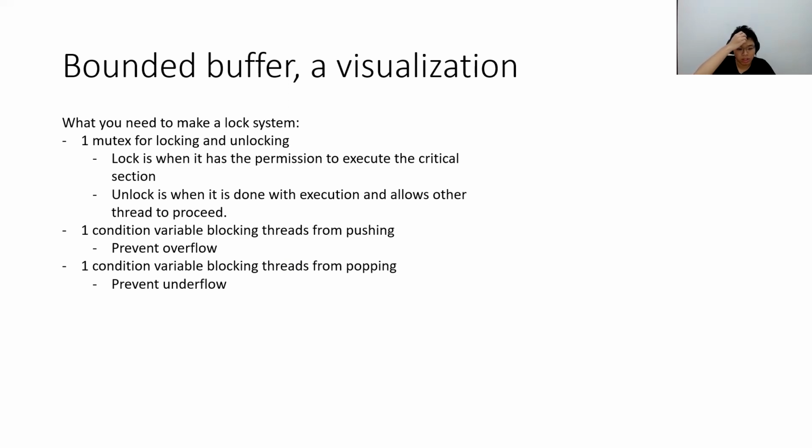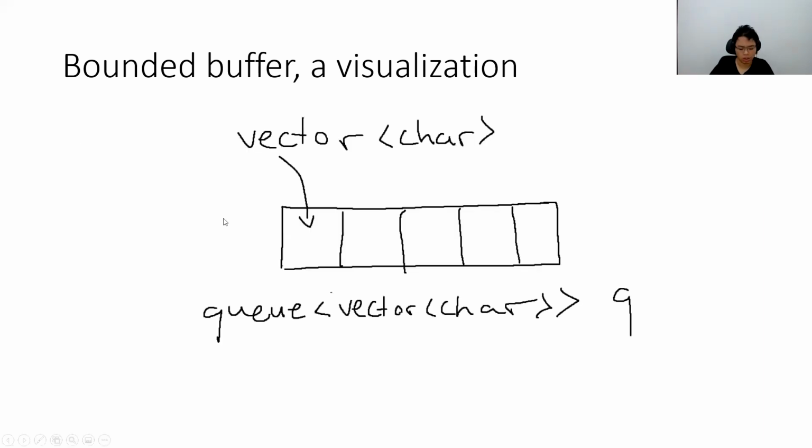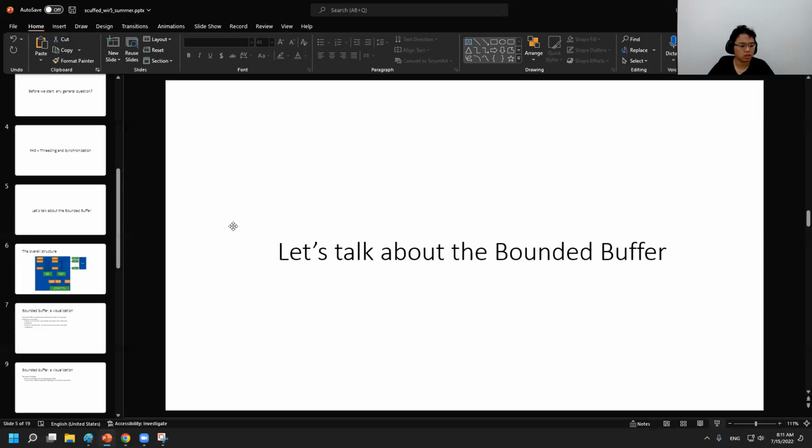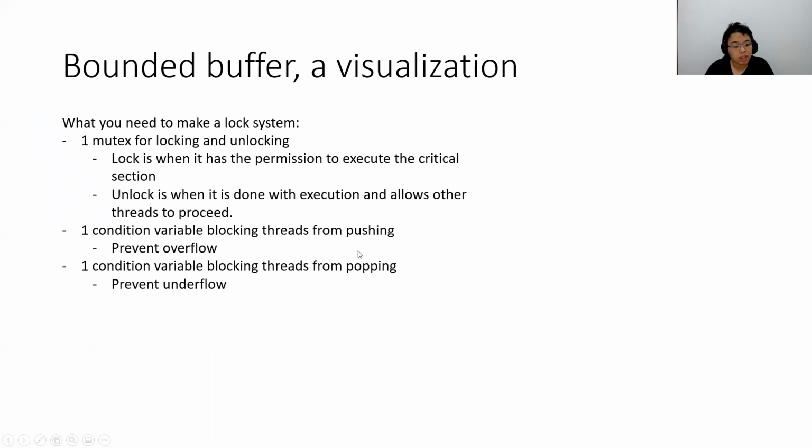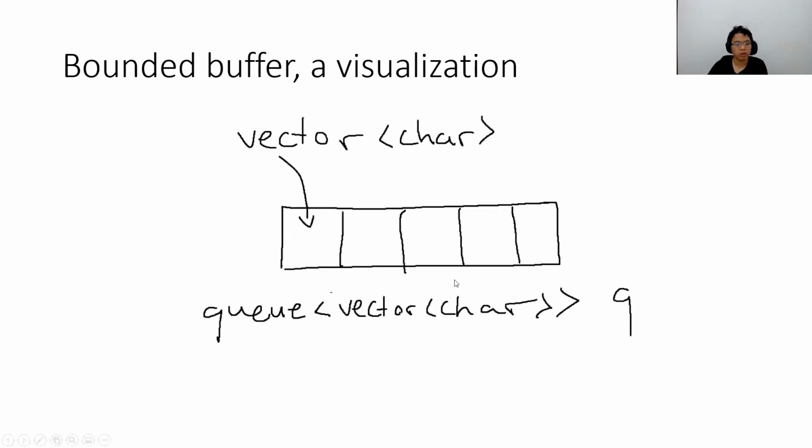Unlock is when it's done with execution and allows other threads to proceed. Then one condition variable for blocking threads from pushing, and one condition variable for blocking threads from popping, to prevent underflow and to prevent overflow.